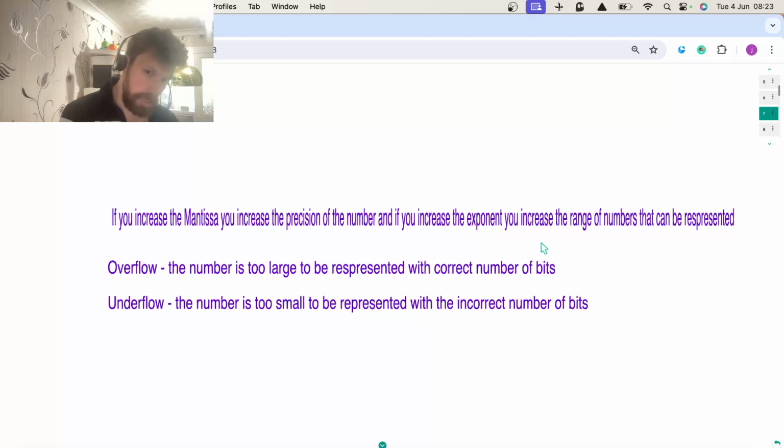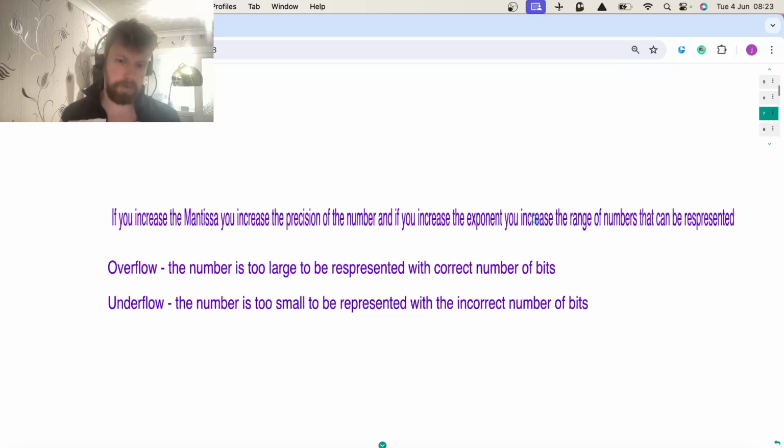The mantissa is where, if you increase the precision, it just means that the number can be more precise, and you can be more specific with the number that you're trying to represent. So the key word that they're looking for there is that the precision is increased, and the inverse is also true. If you decrease it, then the precision decreases. For the exponent, there's a greater number of numbers that you can actually represent if you increase it, and the inverse is also true.